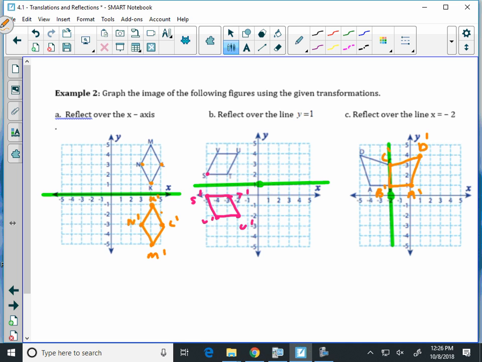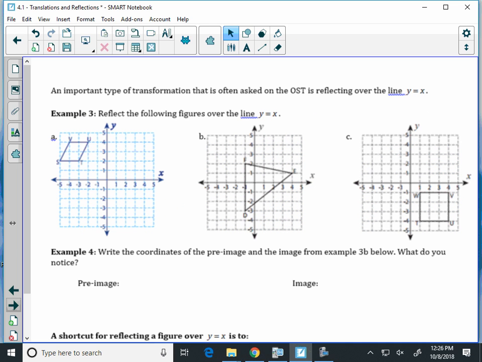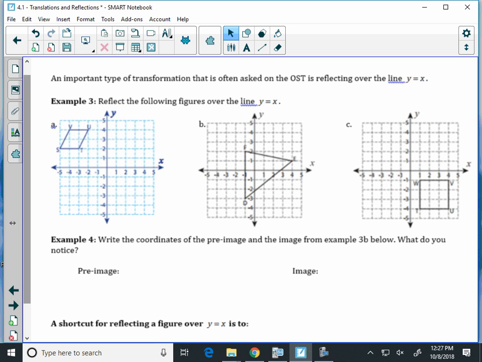Okay. One special type of reflection that they like to ask a lot is reflecting over the line y equals x. Love to ask it. So it's an important one to know. We'll only do A and B. C, if you can do A, you can do C. To reflect a figure over this line, we have to draw that line of reflection.